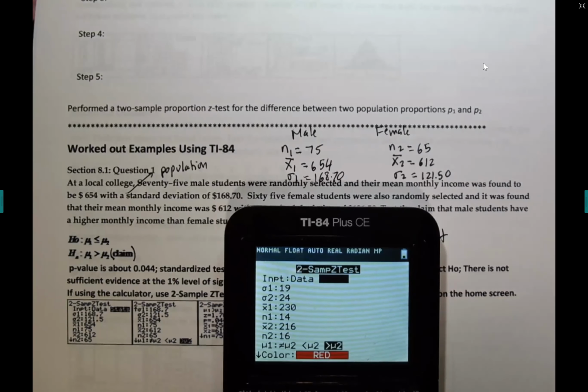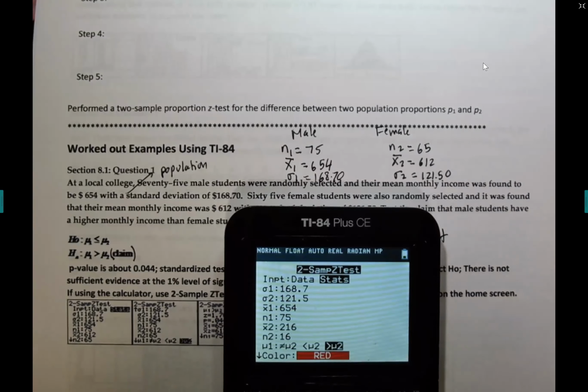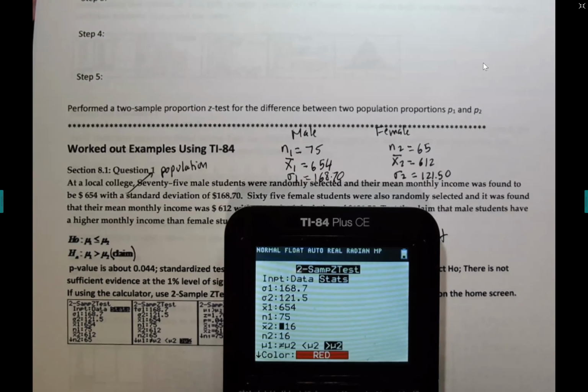And look, first one, sigma 1, which is 168.70. Sigma 2, 121.50. X1 bar, 654. N1, 75. These are the male data. Now the female data.